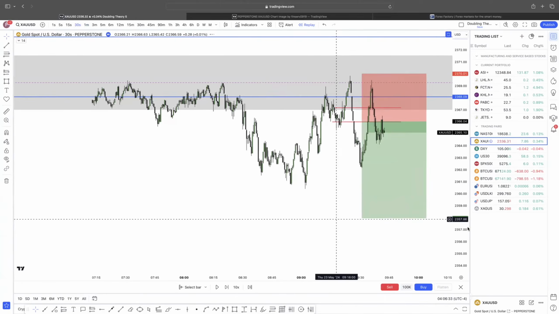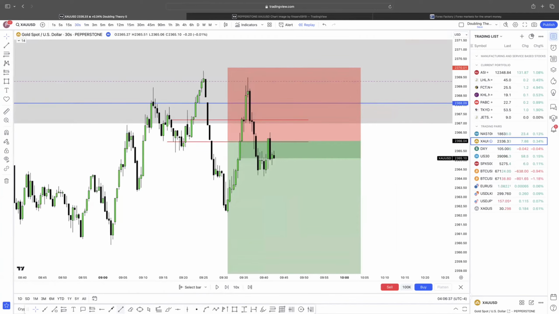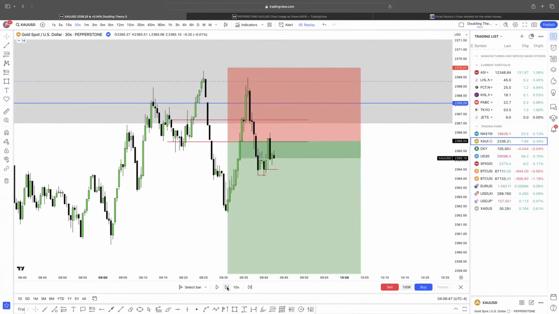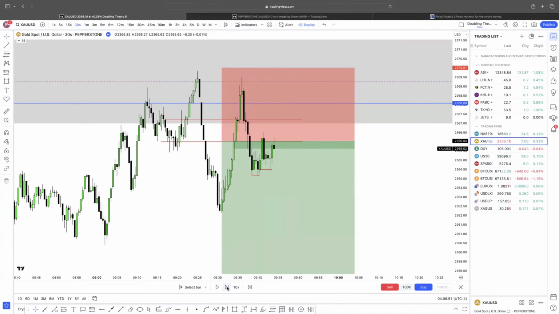On the 30-second chart, what we can see is we have a stop hunt right there. Price goes higher, uses this rejection block again. When price trades through it, you see the reaction there.